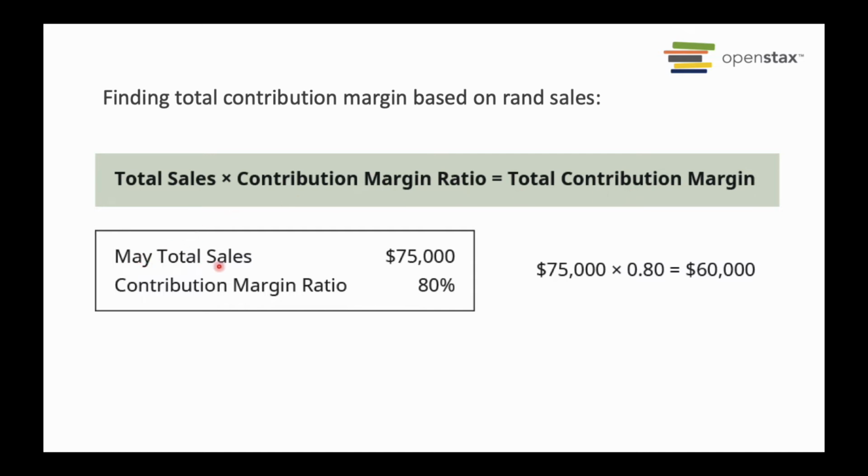If we are told that sales in May was 75,000 Rand in total, we can calculate what the total contribution margin would be in Rand terms by taking the sales of 75,000 Rand, multiplying it by our contribution margin ratio of 80% equal to 60,000 Rand. So this is what our contribution margin would be based on sales of 75,000 Rand.